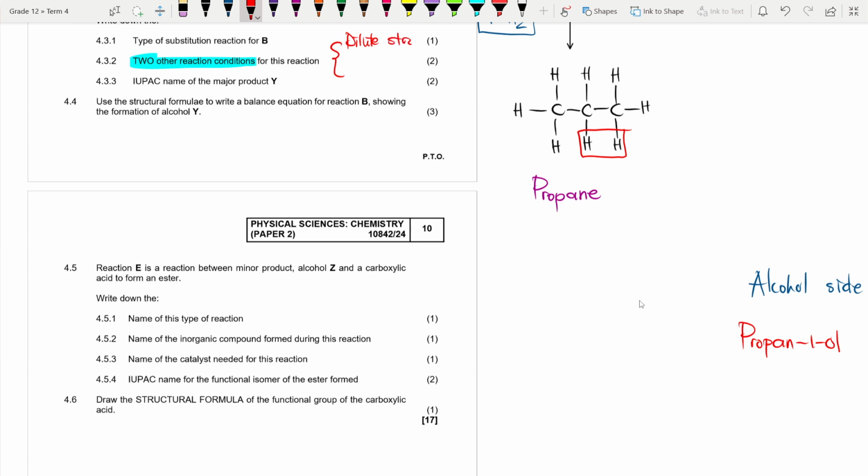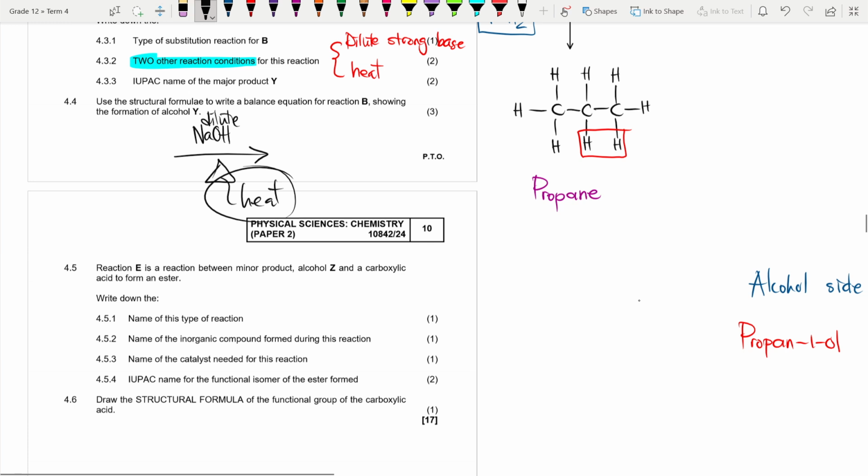Dilute strong base. And the other thing that you need is heat. A lot of the time you'll see this. They'll give an arrow and then they say NaOH dilute, and then they also give you this thing. This means heat, and that's the reaction conditions that you need for that. Then I'll quickly move off to 4.3.3, IUPAC name of the major product Y.